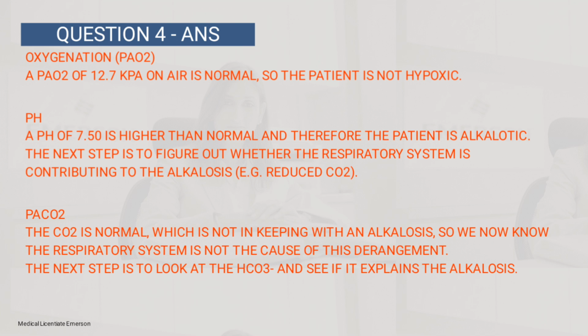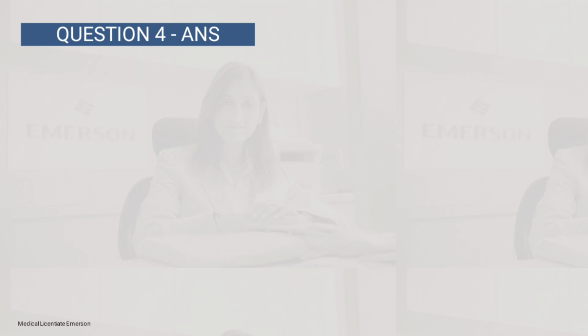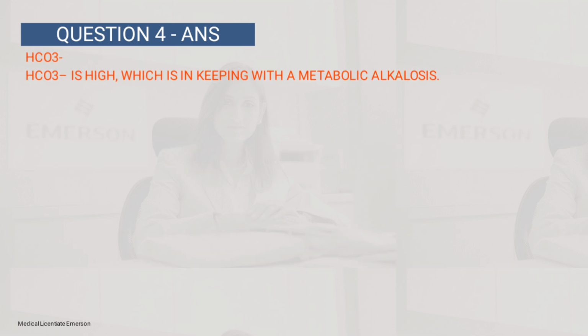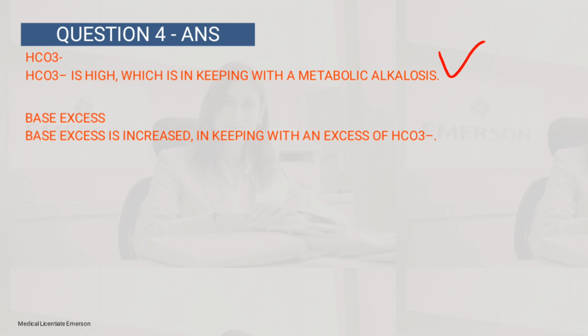So we now know the respiratory system is not the cause of this derangement. So the next step is to look at the bicarbonate levels to see if they explain the alkalosis. So the bicarbonate level is high, which is in keeping with the metabolic alkalosis. And the base excess is increased, which is also in keeping with an excess of bicarbonate.